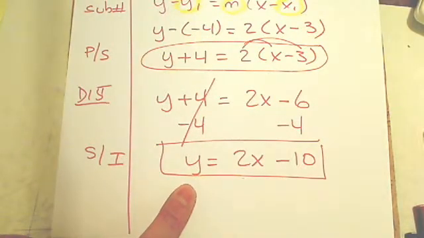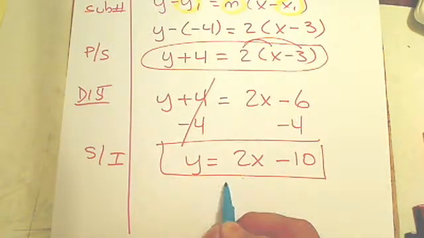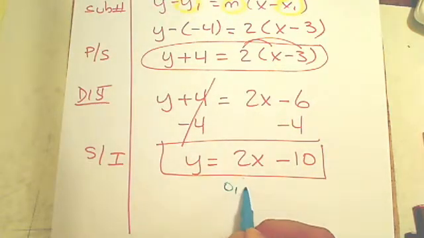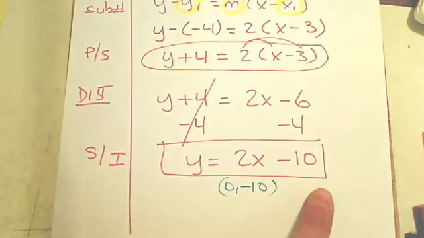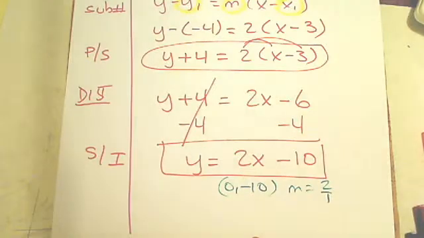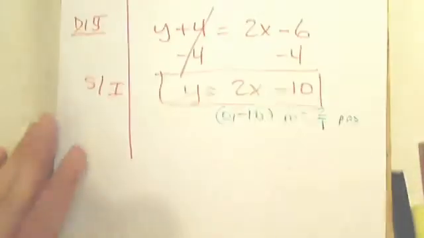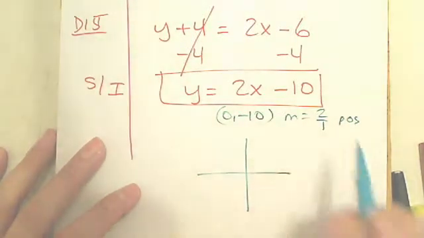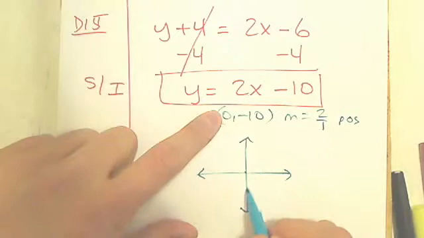So here, the first point I graph is 0, negative 10. This is my b right here. And my slope is 2 over 1, a positive slope. So do a quick sketch. 0, negative 10, all the way down here.